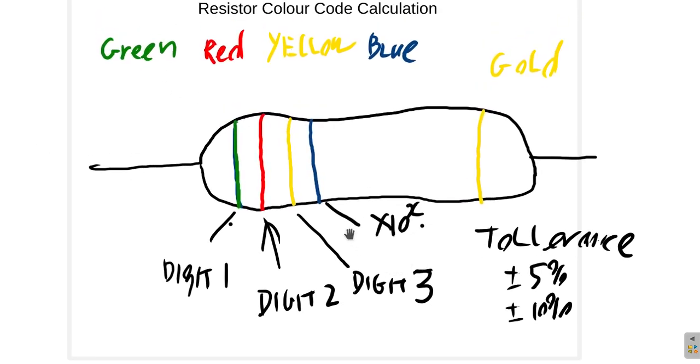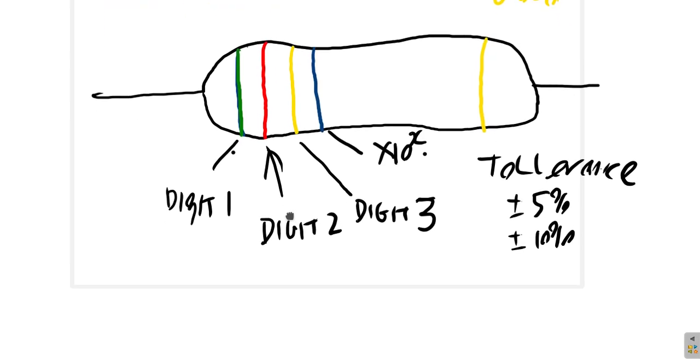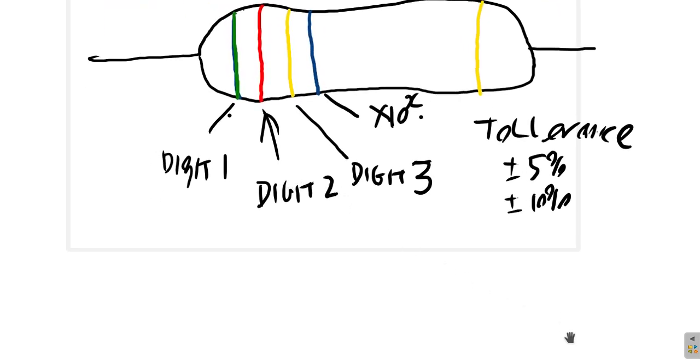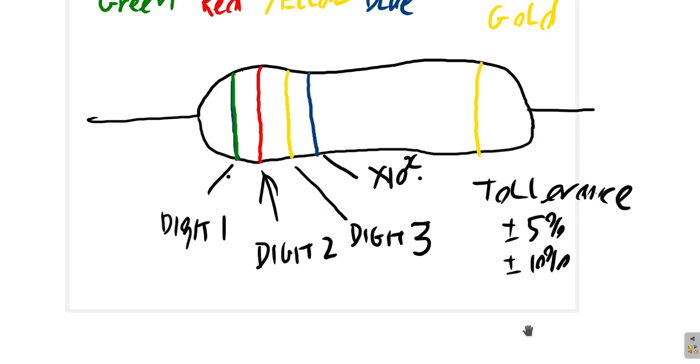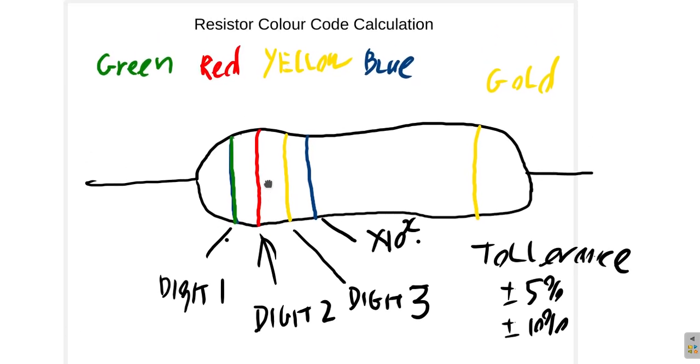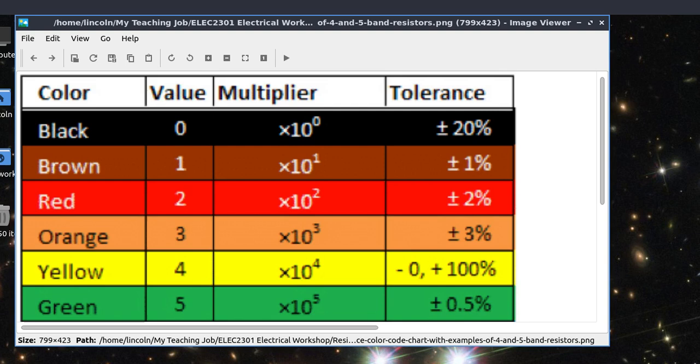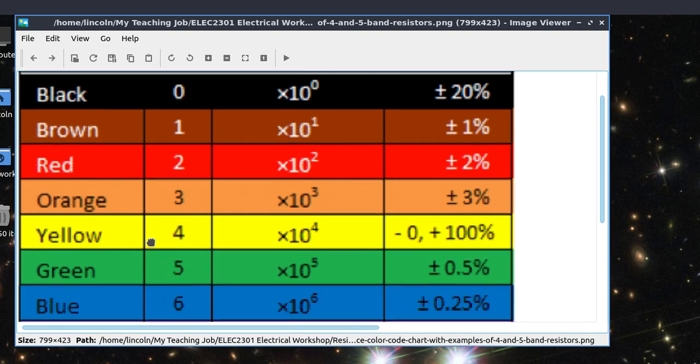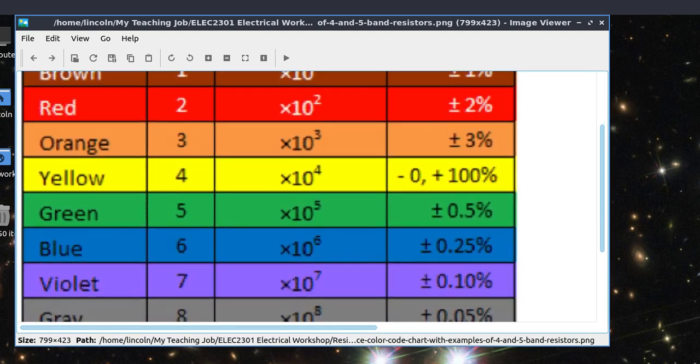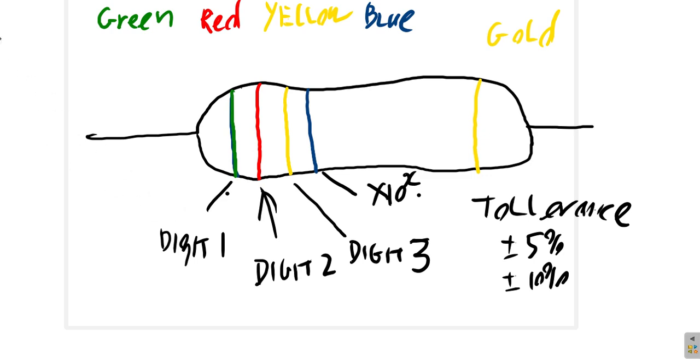The first digit is green. What's the digit that represents green? Let's see. Green, that's 5. So for green, that is 5.